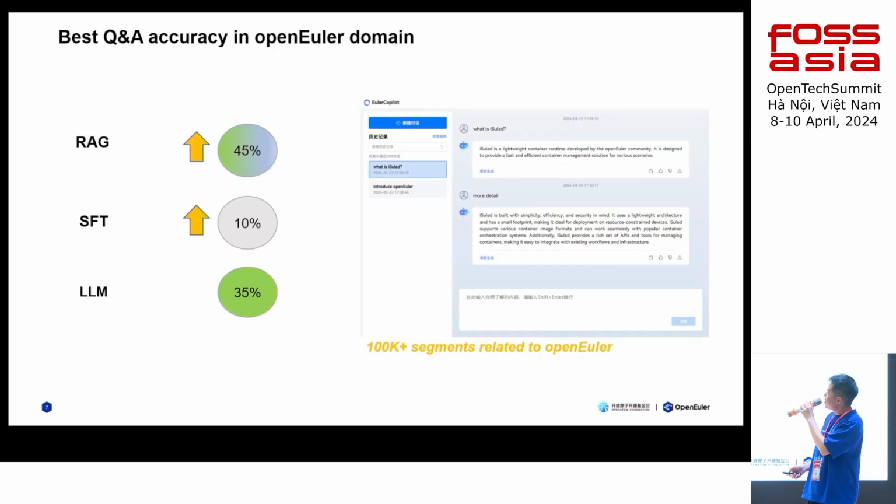We have the best Q&A accuracy in the openEuler domain. We ran many tests here using open source large language models. From our test results, without our EulerCopilot, just using the LLM to answer users' questions, the accuracy is almost 35% here.